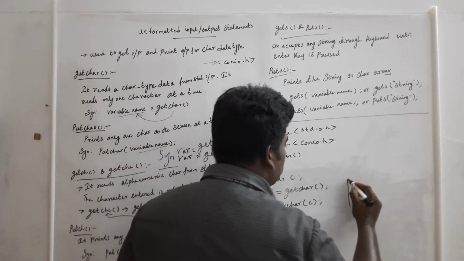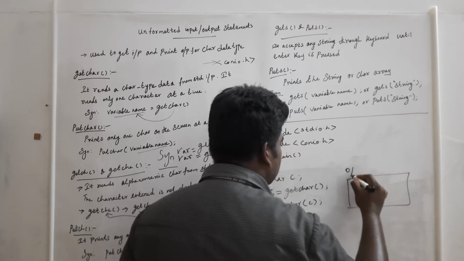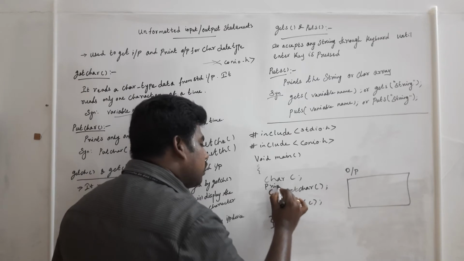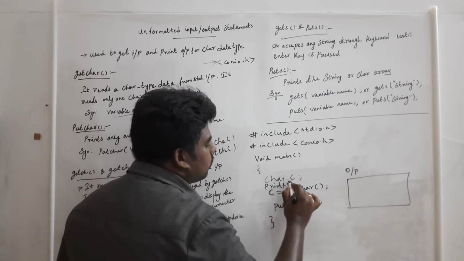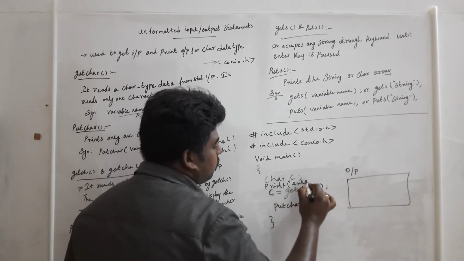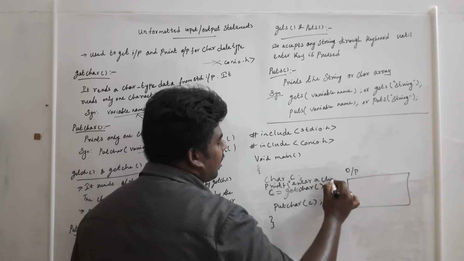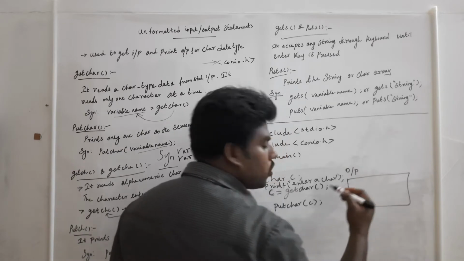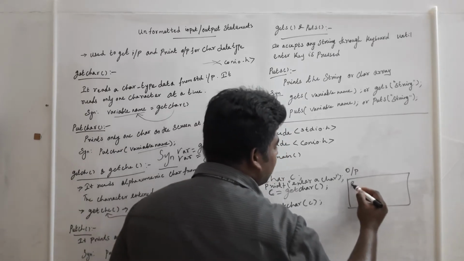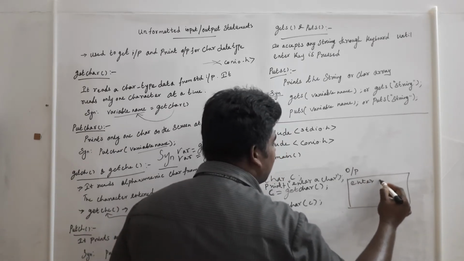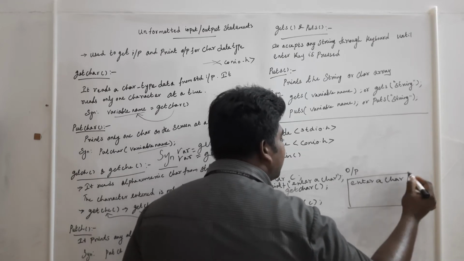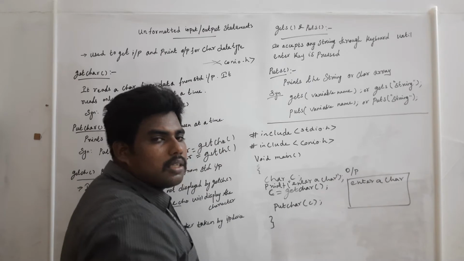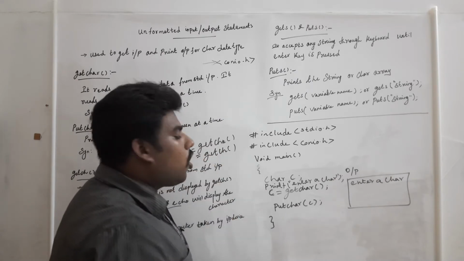In the output screen, if you want to display any notification, you can print it with printf: enter a character. Once you execute the program, the output screen will ask you to enter a character. If you didn't write this line, nothing is wrong. It just prints the string in the output screen.